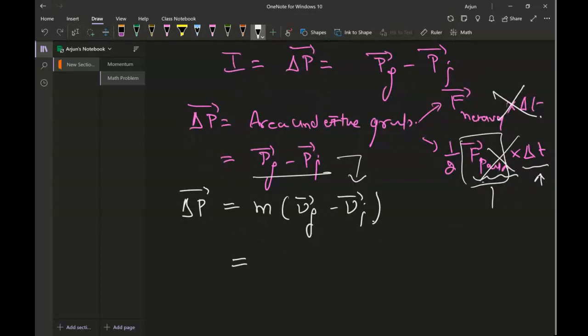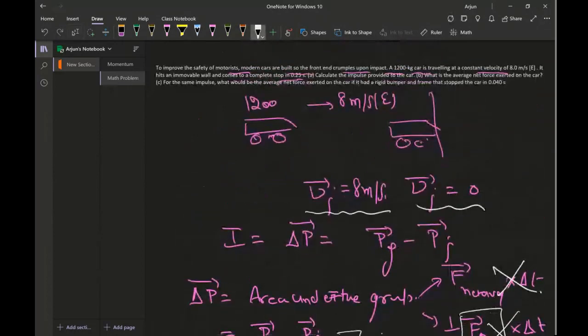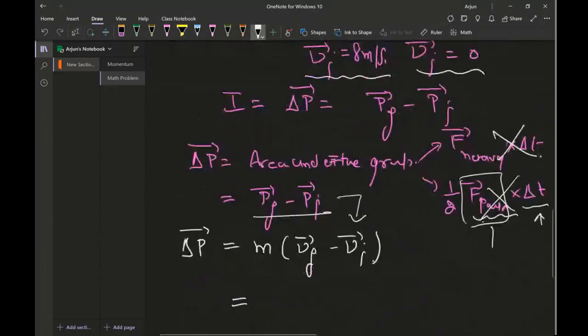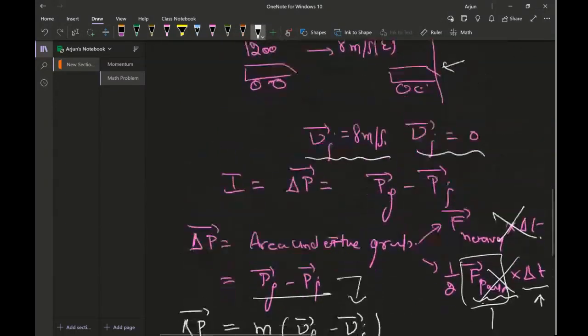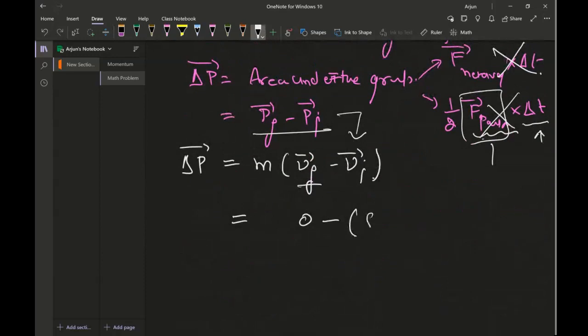Now, if I plug in the values and go back to the question, v final is 0. So v final is 0 minus the initial value, which I guess was 8 meters per second. Mass was 1200 kgs.